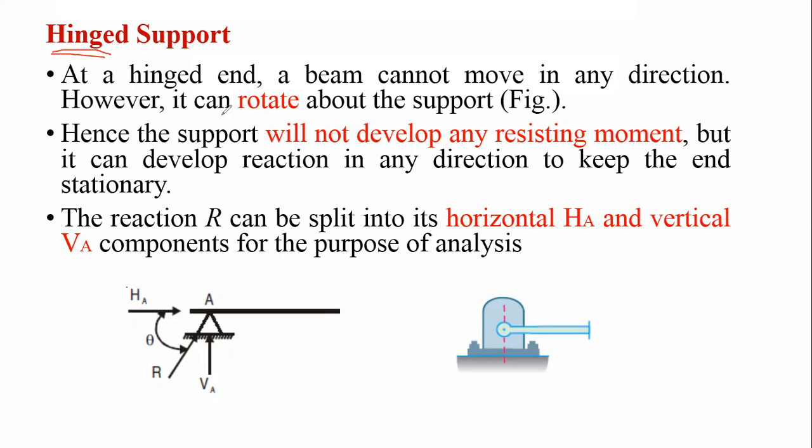It is not allowed to move in horizontal and vertical directions. It means that your door is fixed at a particular location, but it is allowed to rotate. That's why this kind of support is called hinge support. Your door is hinge supported.